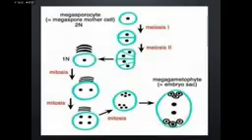Here, the megasporocyte, that means megaspore mother cell, has ploidy 2n and divides first by meiosis 1 and meiosis 2. That means after meiosis, four haploid megaspores are produced from a megaspore mother cell.